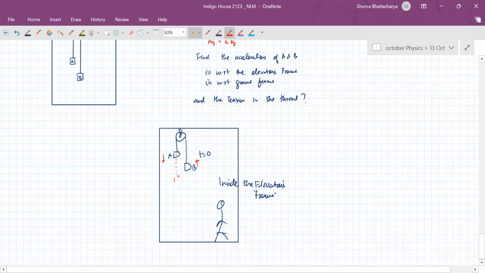So after some time, A's downward acceleration is equal to B's upward acceleration. Why? Because the pulley P is at rest.